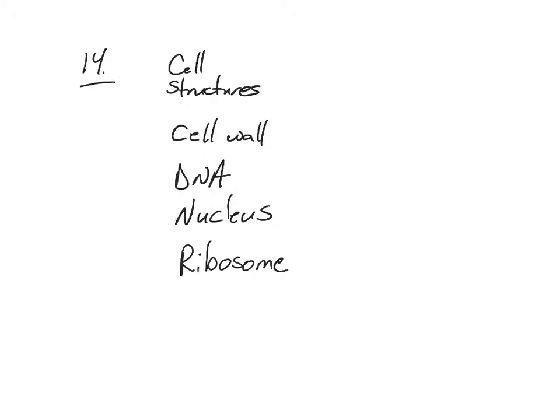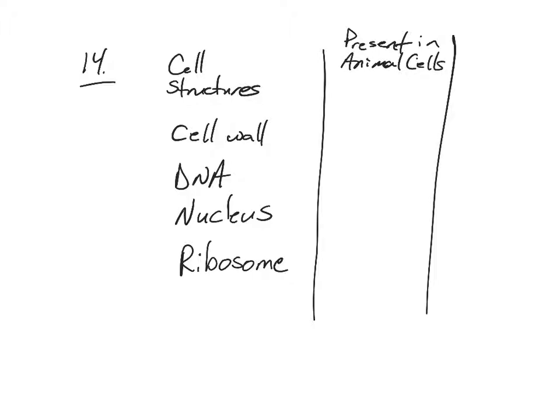And then it has two columns: present in animal cells, and present in bacteria.